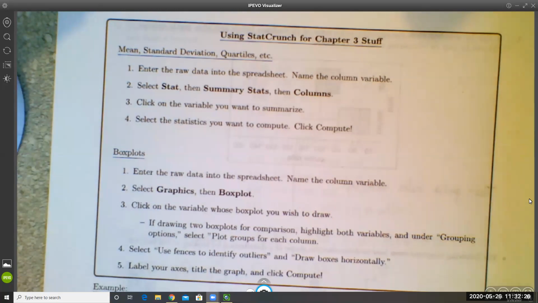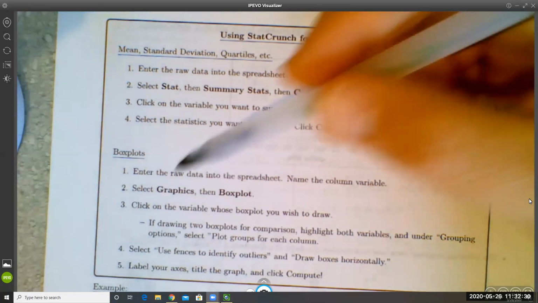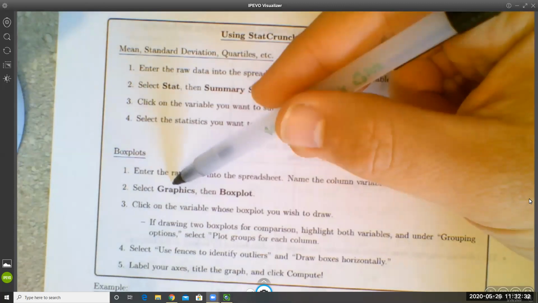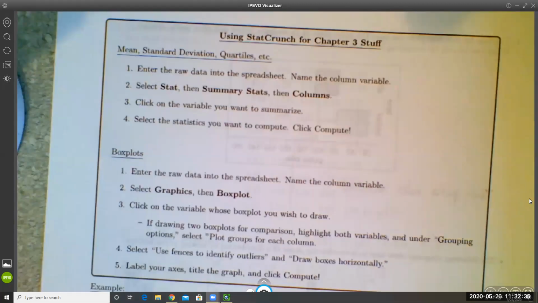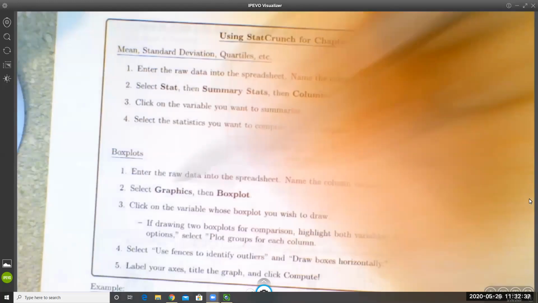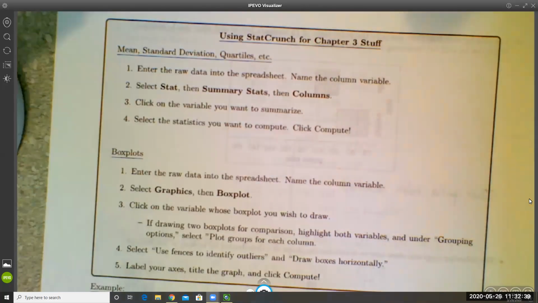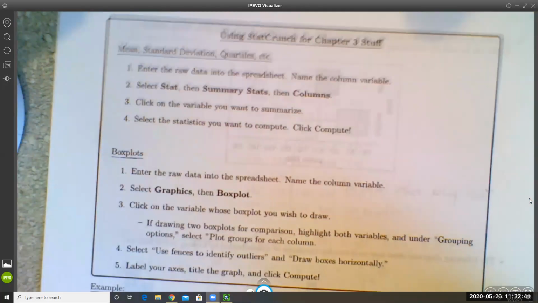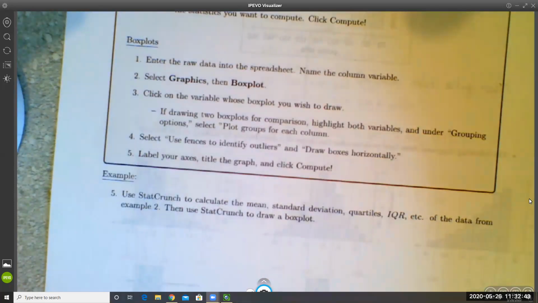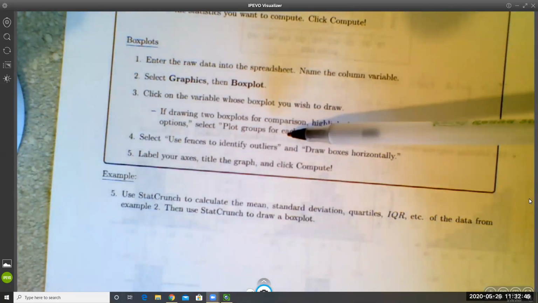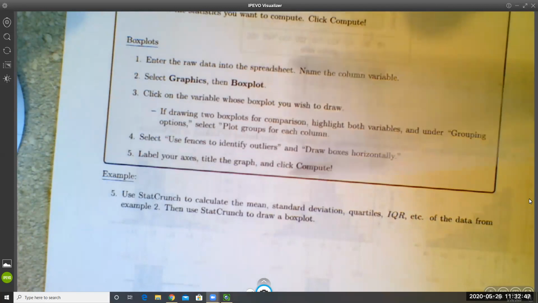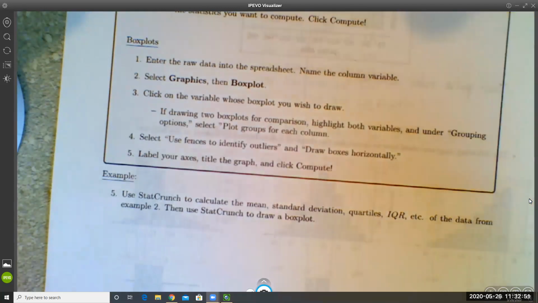If you want a graphical display, those are all under, well, it used to be called graphics. I think it's just called graph now. But you're going to select graph and then box plot because, of course, a box plot is a graph. So what I want to do is take you to StatCrunch and just play around a little bit.